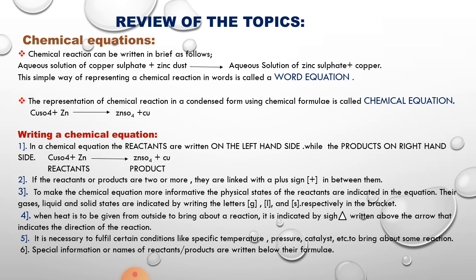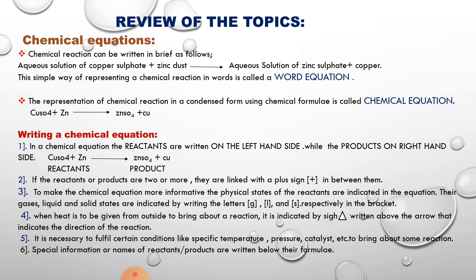The catalyst is written below the arrow mark and above it is written the temperature. If the temperature is 60 degrees, then above the arrow you write the temperature, and below the arrow you write the catalyst which is used. As we have seen in our last class, for example, nickel catalyst.